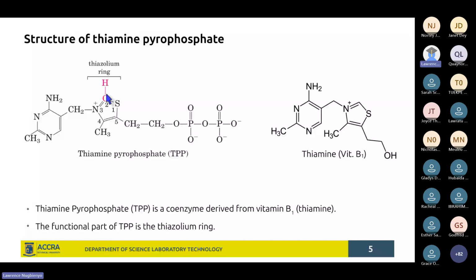Inside the thiazolone ring, you have carbon 2, and on carbon 2, there's a hydrogen. And it is on this carbon 2 that you will be having the reactions that the coenzyme catalyzes. The coenzyme's interaction with the substrate will be occurring on this carbon number 2 of the thiazolone ring. We'll see the mechanism of action of this coenzyme, and so you will understand it much better what we are talking about.